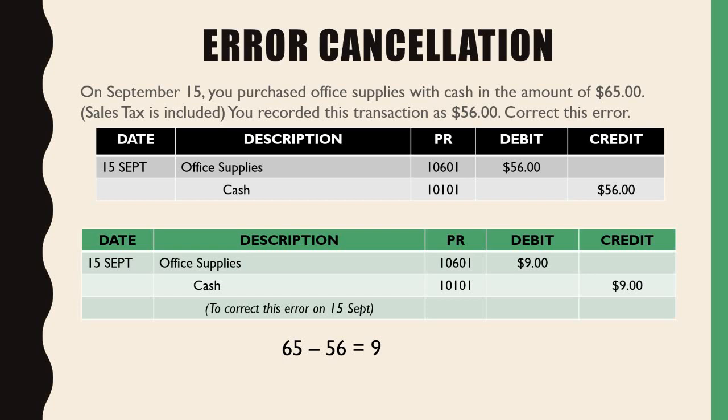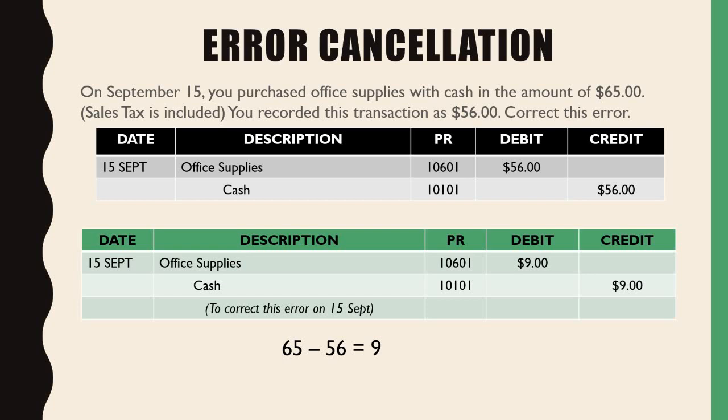But in this case, I have $56. I need to increase my office supplies by $9 in order to make it from 56 to 65. So in this case, that means I'm missing $9 of office supplies and I'm also missing $9 of cash because I've already spent it.